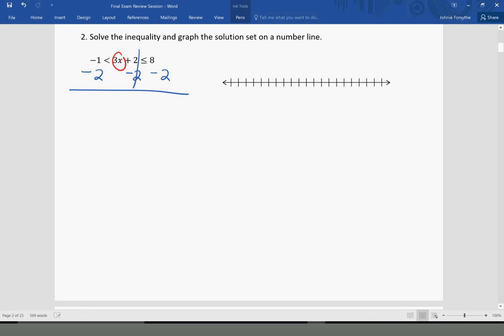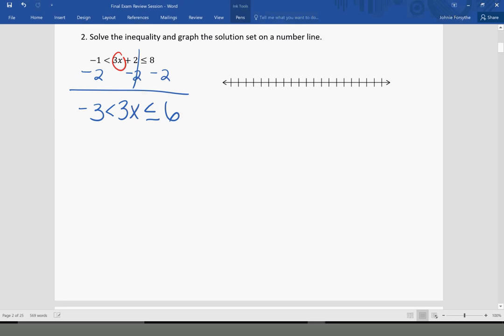So in the middle, I'm going to just have that 3x. And on the left, negative 1 minus 2 is negative 3. Bring down that less than. And then I already have my 3x. Bring down that less than or equal to. And then 8 minus 2 is 6.